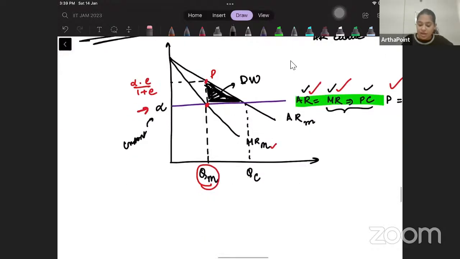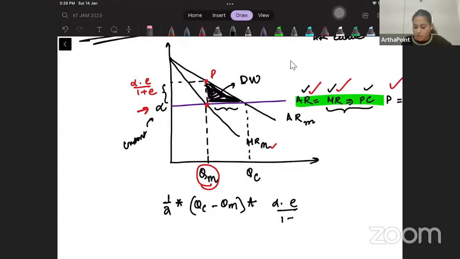It would have been half into base, the base of the triangle being QC minus QM, into height, the height of the triangle being alpha E upon 1 plus E minus alpha. This can also come in the exam: calculate deadweight loss.